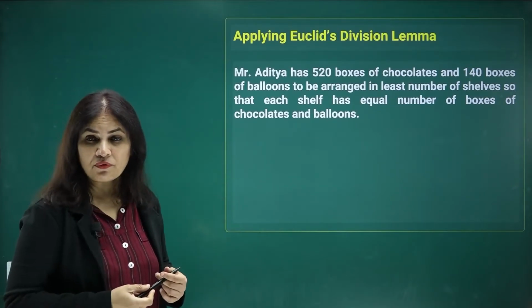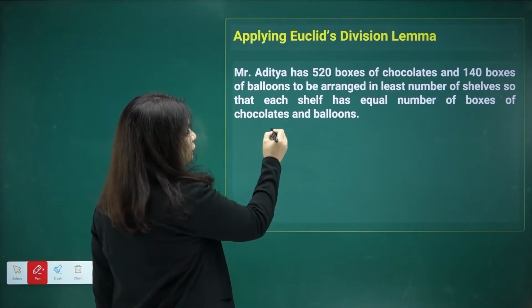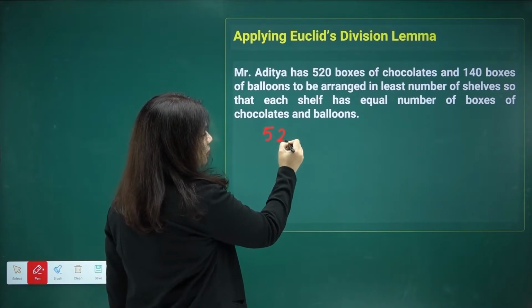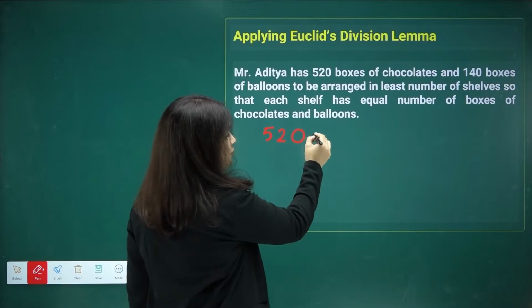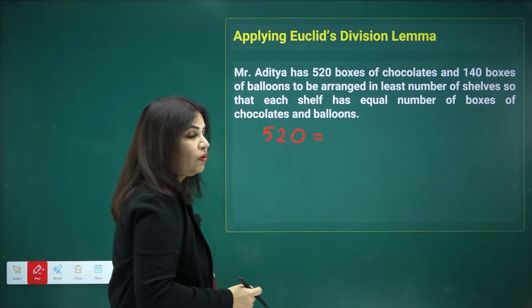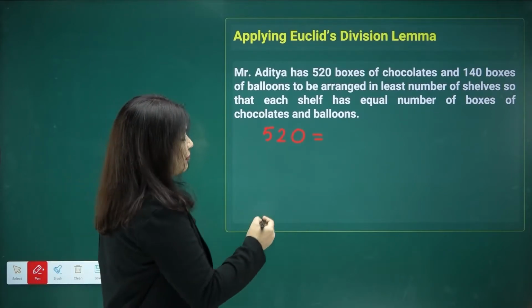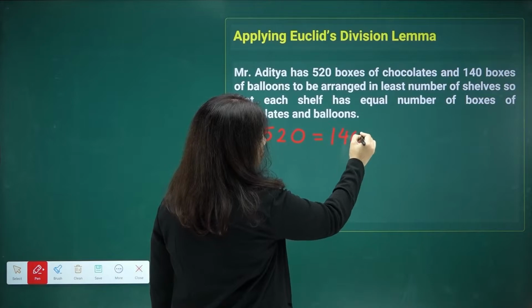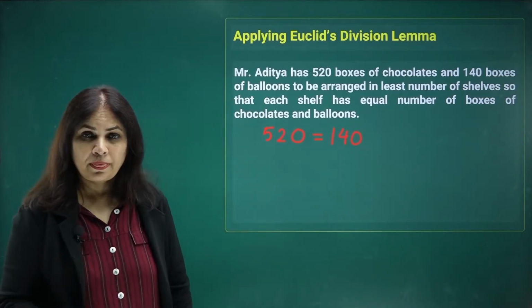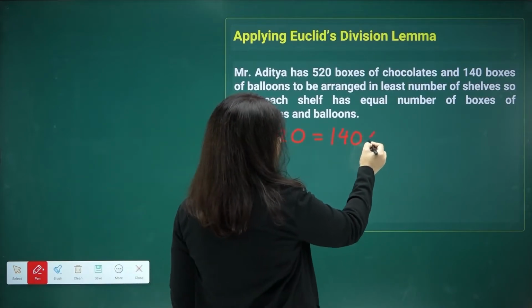So here, to begin with, 520 and 140 as numbers, first we will split up 520 as a multiple of 140. I have to split up 520 into a multiple of 140, 140 being one of the factors.